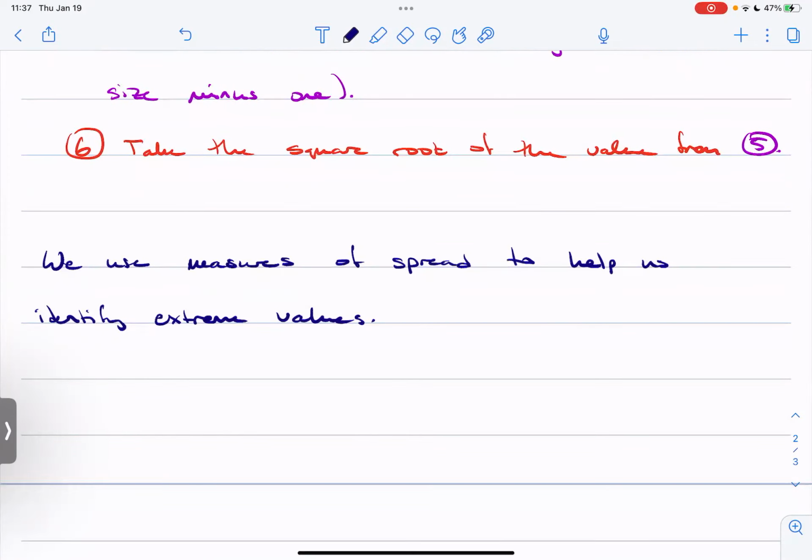Measures of spread, of course, include the standard deviation. It can be the variance, which we haven't talked about, and it can be the interquartile range. So in general, we use the spread to identify extreme values.